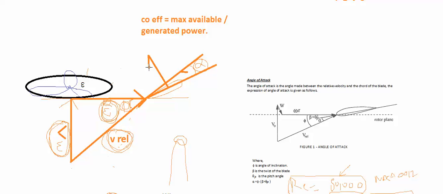This lift force is perpendicular to the direction of the relative wind experienced by the wind turbine. And there is another force which is parallel to the direction of the wind, so it is in this direction. This is nothing but the direction of the drag force and also the direction of the wind.